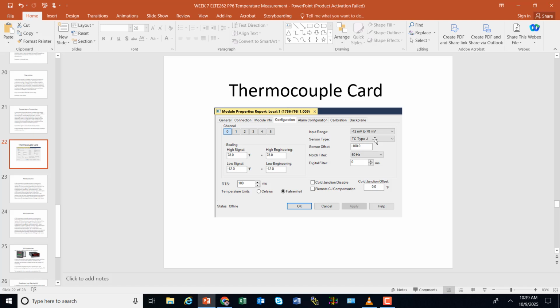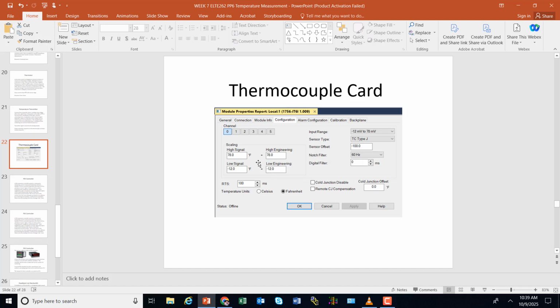Type J, type K. It's going to give you an initial input voltage range that you're going to scale, and the instructions talk about how this card does the scaling for you. So even though you put in low -12 to 12 and -78 to 78, this is not doing y equals mx plus b, like all that math we did last time.